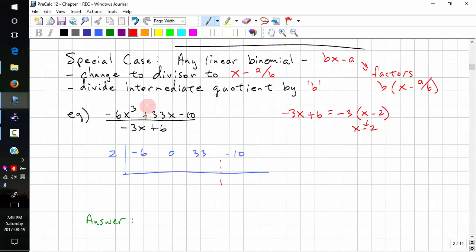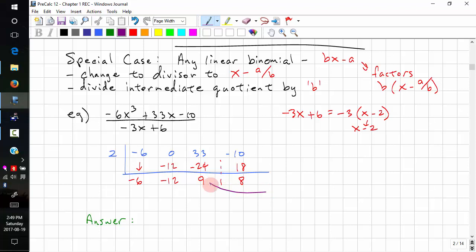Again, we don't have an x squared term, so we put a 0 as our placeholder. Bring down the negative 6. 2 times negative 6 is negative 12. 0 plus negative 12 is negative 12. 2 times negative 12 is negative 24. 33 minus 24 is 9. 2 times 9 is 18. Negative 10 plus 18 is 8.